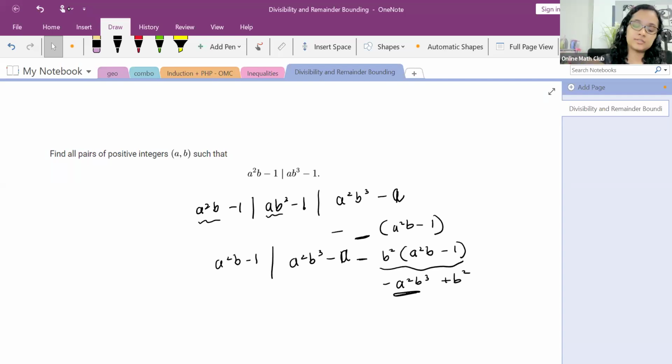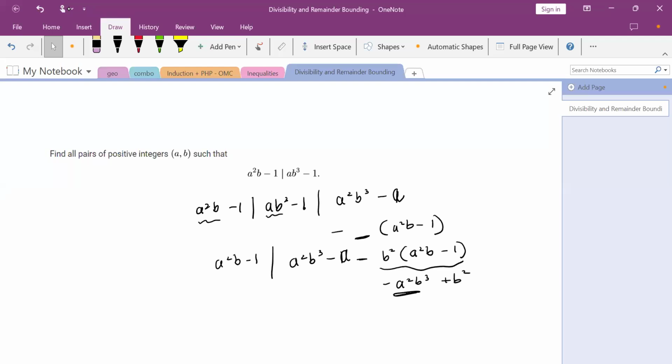Okay, so how did you get this? Like, did you use the inequality? Yeah, kind of. If A squared B minus one divides that RHS, then it should also divide A B cubed minus A minus A squared B minus one times B squared. Okay, on the RHS, what did you get? A B cubed minus A squared B. Yes, that's correct.